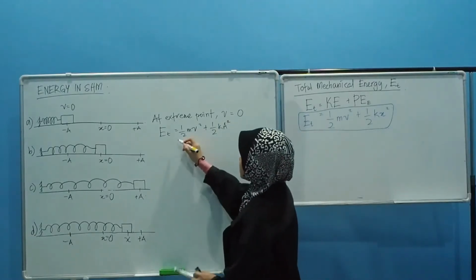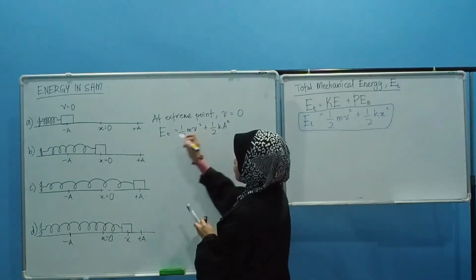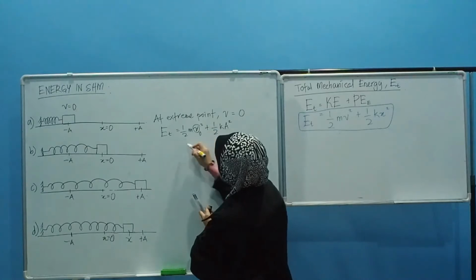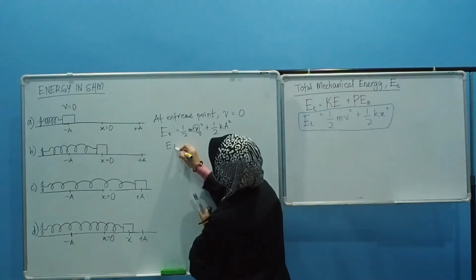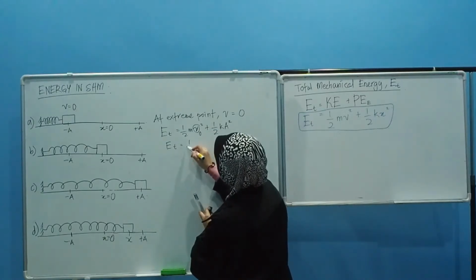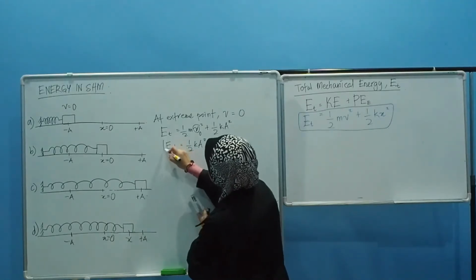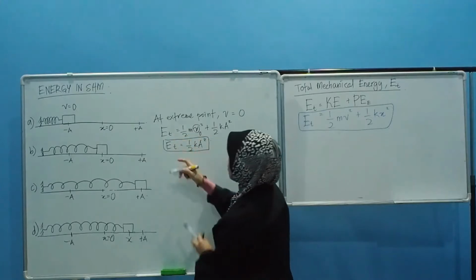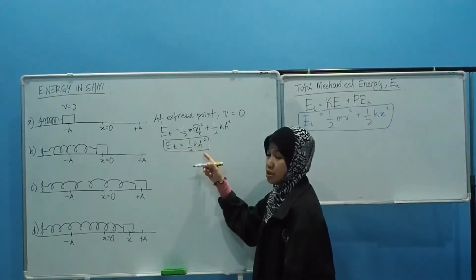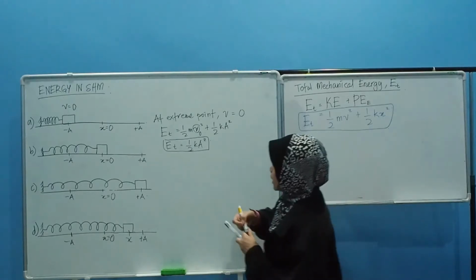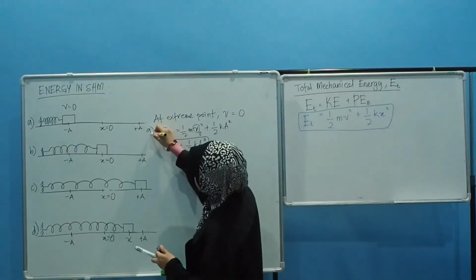Here, for this position, v is equal to 0. So the total mechanical energy is equal to half kA square. This is when the position of the object is at the extreme point. This is the explanation for A.